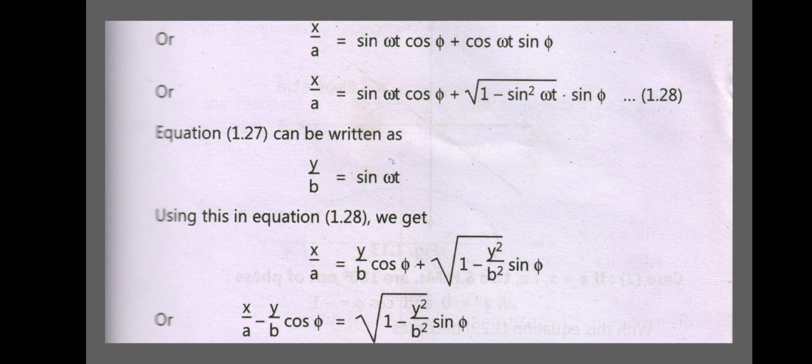Using this in the above equation, we get x/a = (y/b) cos φ + √(1 − y²/b²) sin φ, or x/a − (y/b) cos φ = √(1 − y²/b²) sin φ.